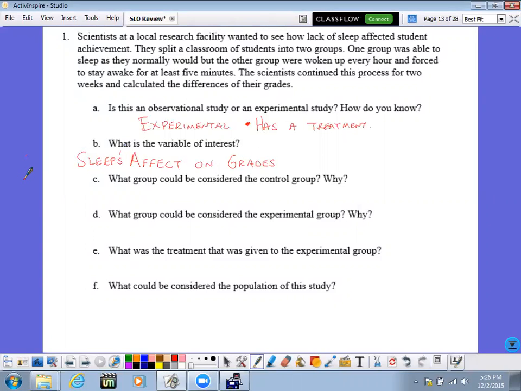Remember, a control group does not get treatment. So in this case, they'd be the one that got the same old thing. So same sleep as normal would be the control group. And why? No treatment.